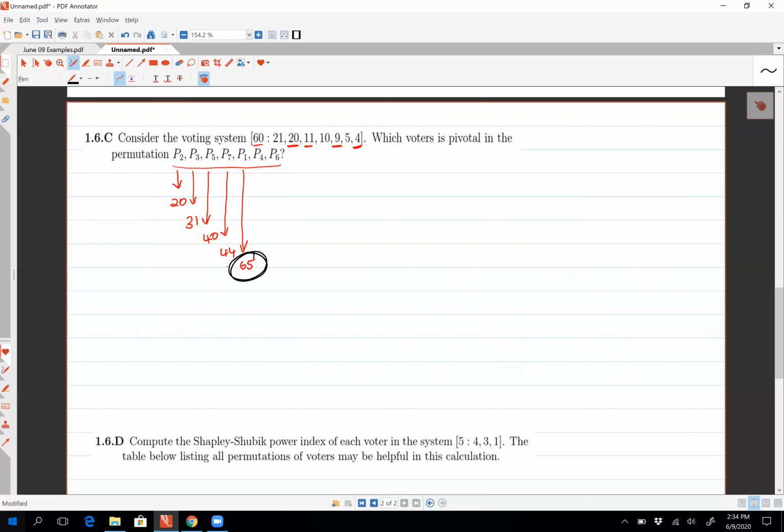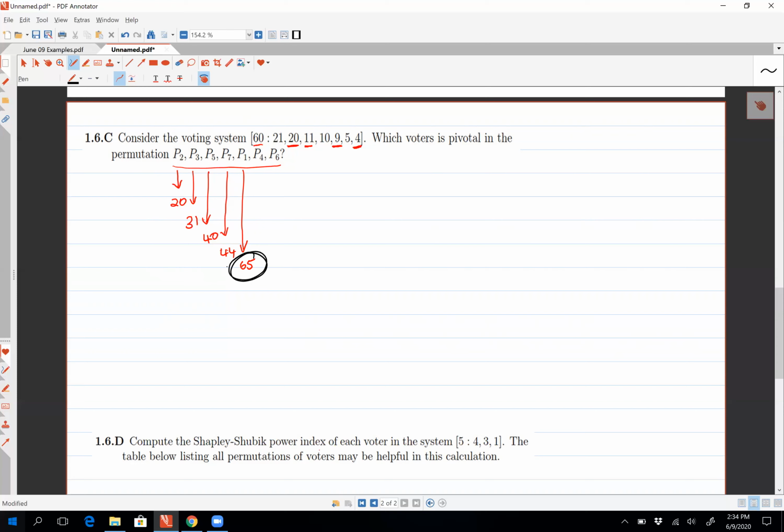In this specific permutation, if we take them in the order in which they're listed and we just add consecutively how much weight each voter brings to the system, then in this order, the voter who puts us over the edge, changing it from a losing coalition to a winning coalition, is P1.